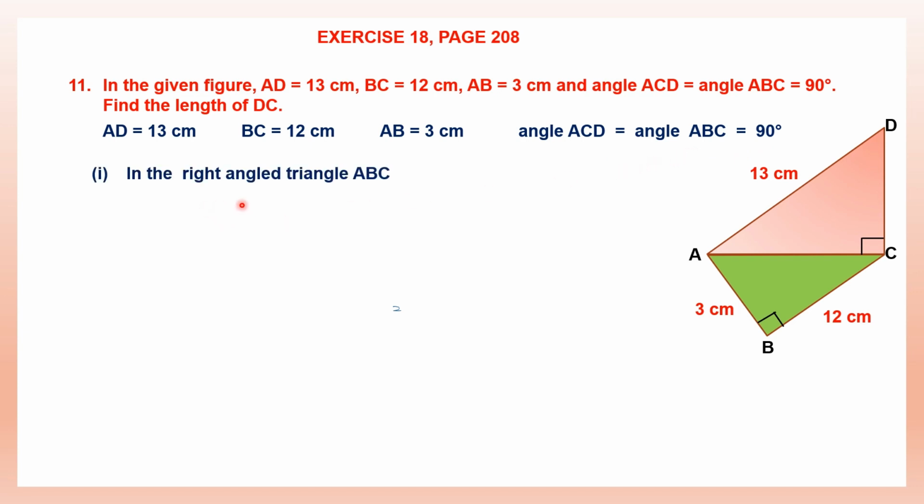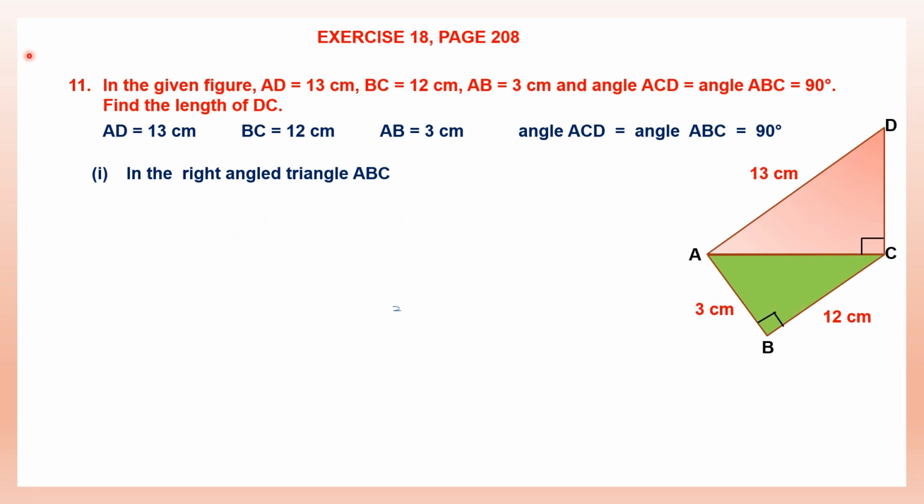Now, in the right angle triangle ABC, we're talking about this triangle first because with the help of this triangle, we're going to get AC. And then only with the help of AC and AD, we are able to find DC. That's why we are first looking at this green triangle ABC.